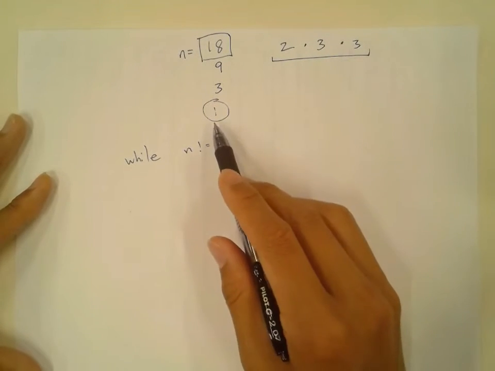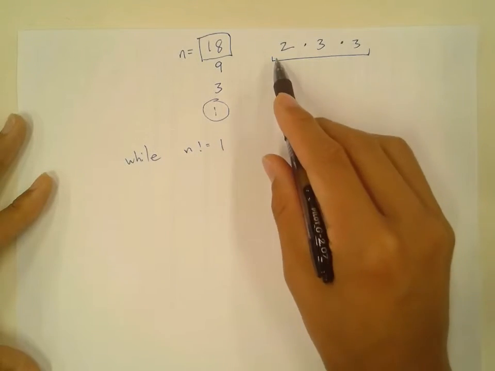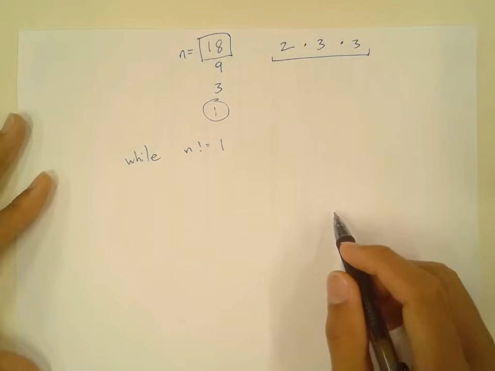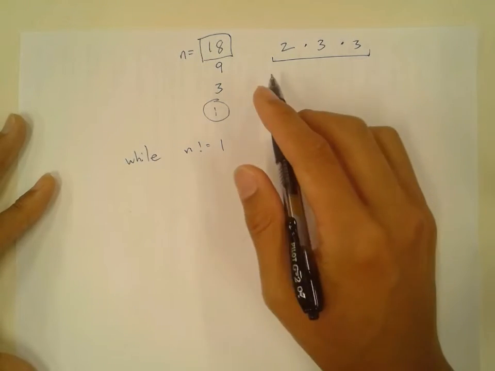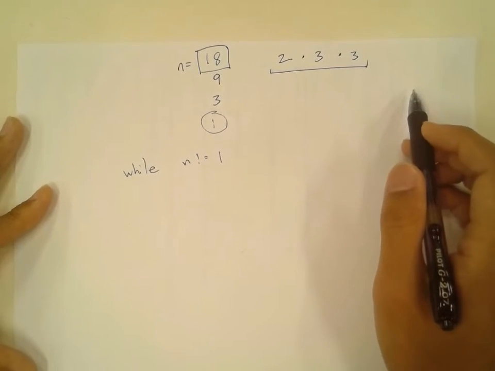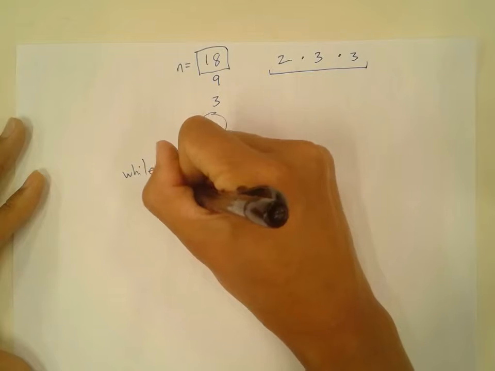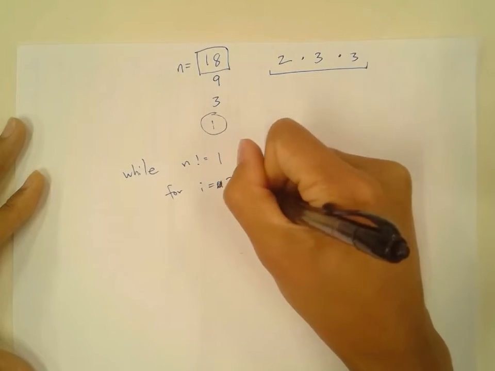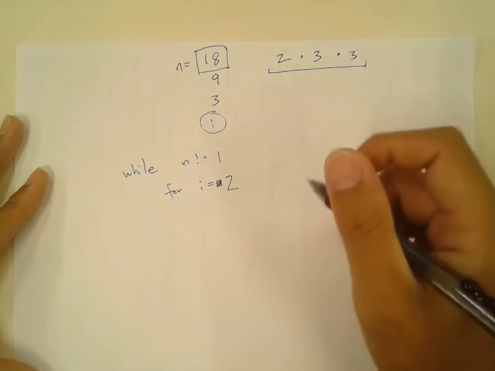And then for every iteration here, we want to find the lowest prime number that's evenly divisible into n. And so to find that, we need to have a loop, right? In this case, we're going to use a for loop. So we'll say for i is equal to 2, because i is going to be the possible prime number.